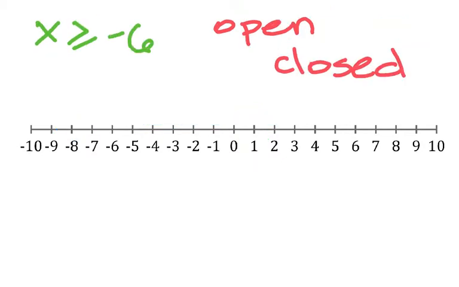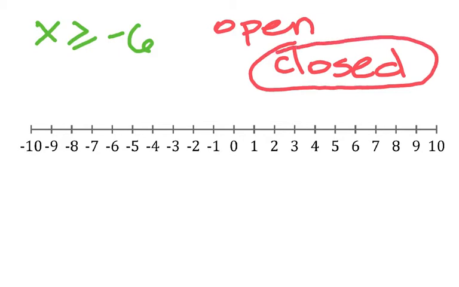So here we are again on another one. Step 1 is to determine whether it's an open or a closed circle. Yes, this time I said closed. So x is greater than or equal to -6. Since it's greater than or equal to, the answer is closed.